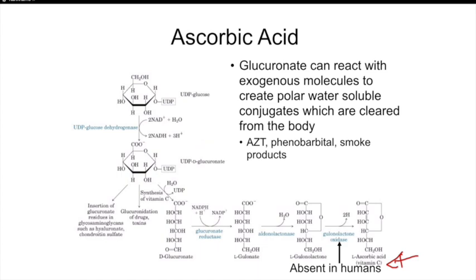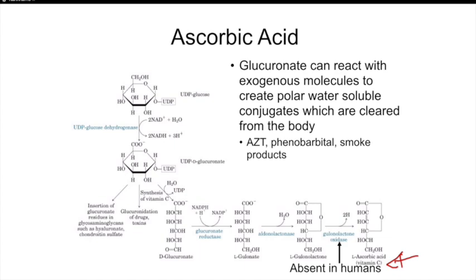We clear drugs by either breaking them down, or we covalently modify them so that they can be degraded and or extracted. This particular molecule reacts quite often with those molecules that are not supposed to be in the body, and if it is particularly hydrophobic, adding a sugar of this nature, which has the acidic sugar on it, makes that molecule much more polar.